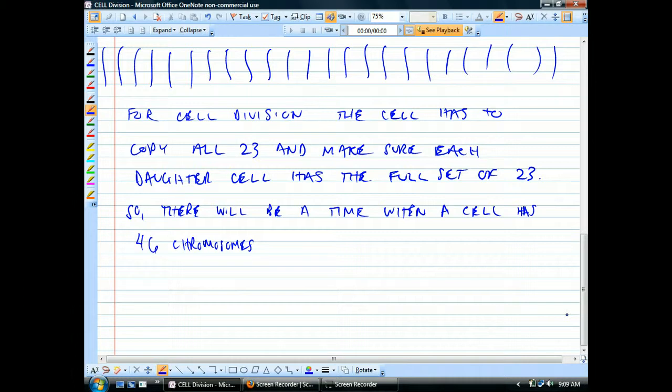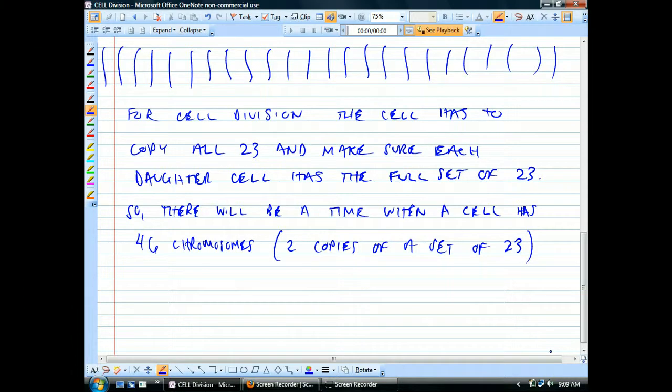Two copies of a set of 23. There's a basic set of 23 different DNA strands.